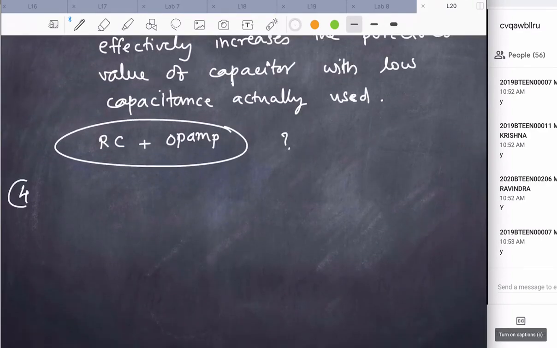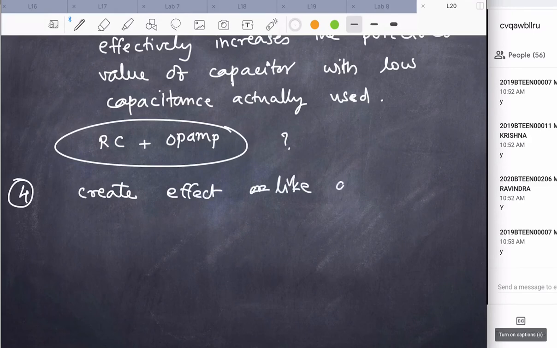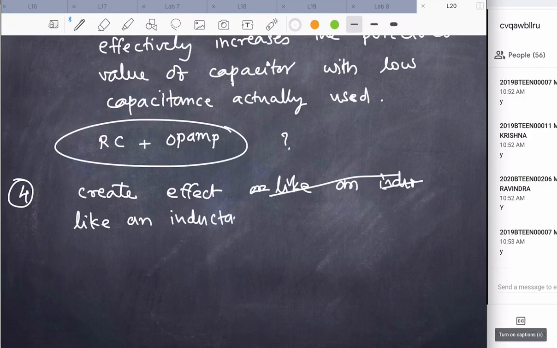Fourth job an active filter can do is to create an effect like an inductance using only RC components, of course RC and op amp.